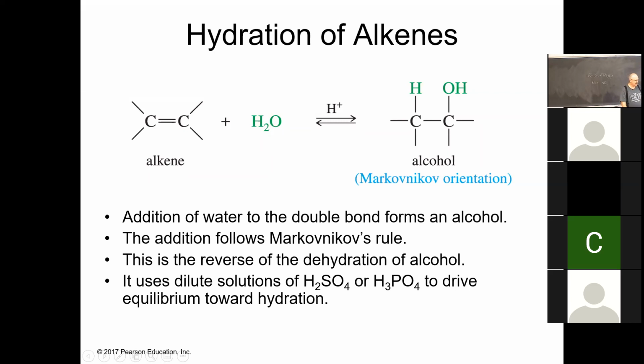Water is not acidic enough where the alkene can readily protonate it, unlike something like HCl or HBr, which has a very acidic hydrogen. So you have to have an acid catalyst, and usually this is something like sulfuric acid.